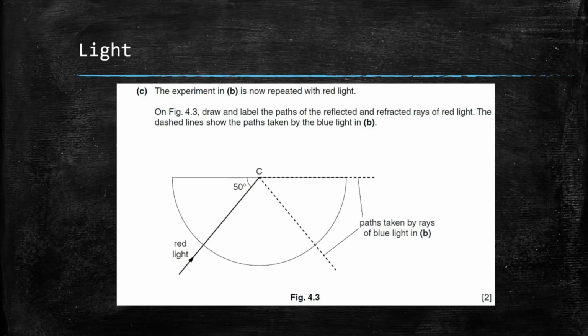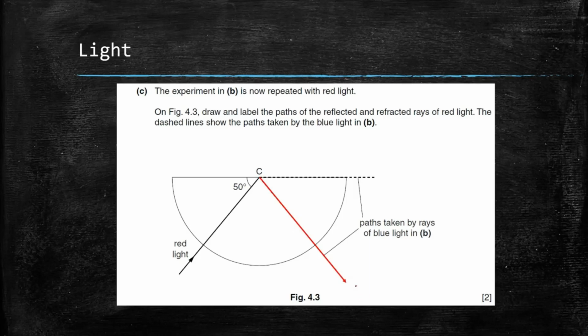Since the incident ray of the red light takes the same path as the incident ray of the blue light, then the reflected ray of the red light will also take the same path as the reflected ray of the blue light. So for the reflection of the red light, we will get this path, exactly the same as the path taken by the blue light.